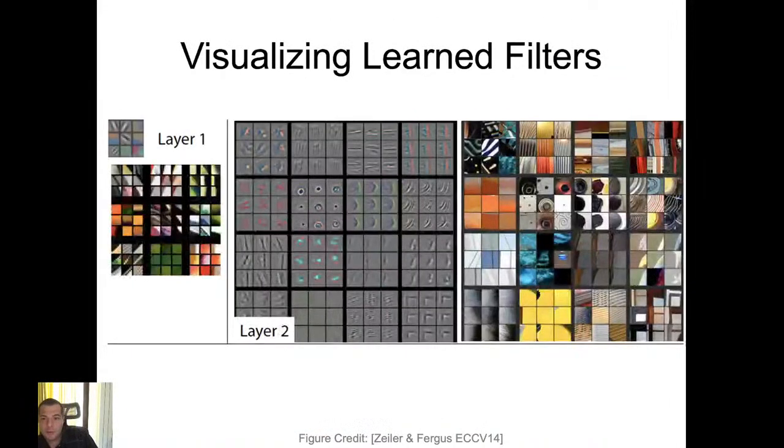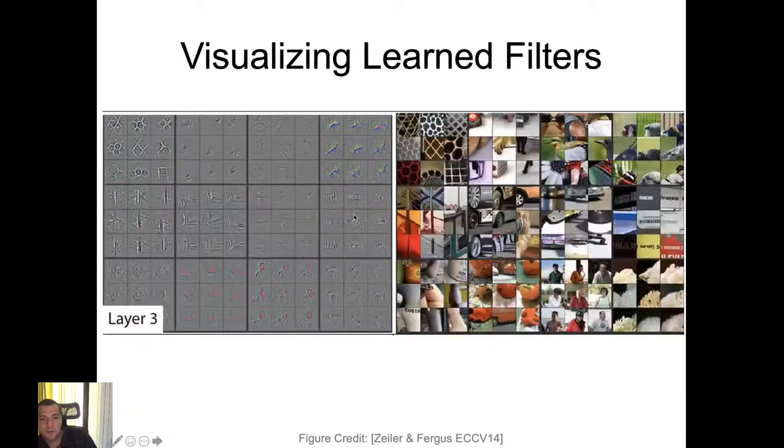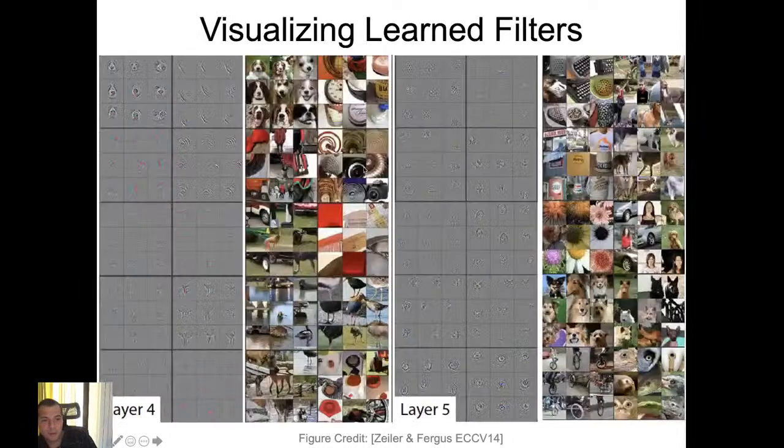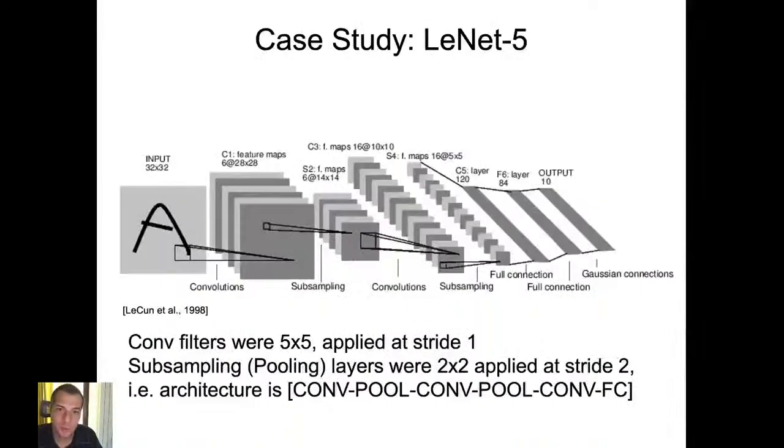These patterns are very common for all images and all objects, so you don't need many filters in the first layer, but as you go deeper, these patterns get more and more specialized to specific object classes, and this is why you need more filters as you go deeper into the network.